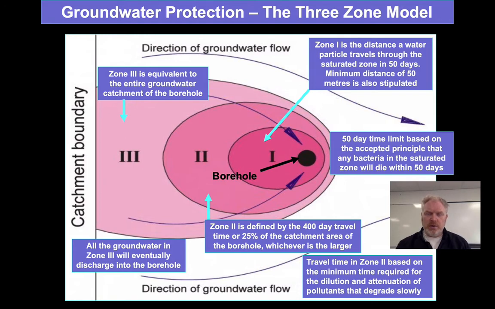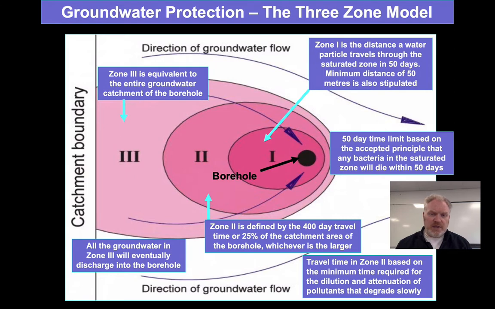Zone 2 is the 400-day travel time. So how long it takes water, the distance to the borehole where water will travel within 400 days. Or that could be 25% of the catchment area, whichever of those is bigger.